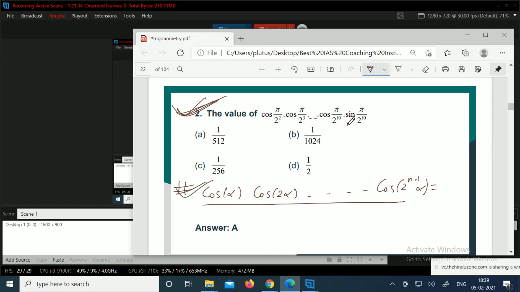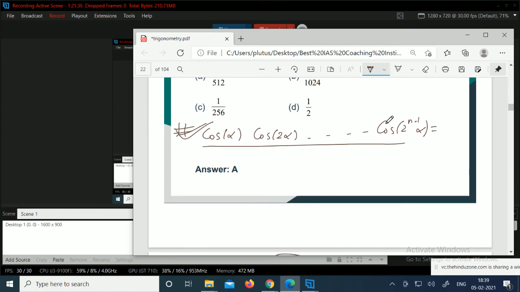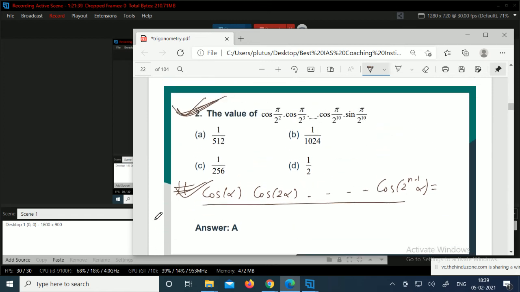Can I write this like, pattern is it 1 by 512? 1 by 512, yeah, 512. Are you getting this concept of series? Yeah, this was asked in 2019 or 2020 maybe in JEE. Okay, so this is a series based question.